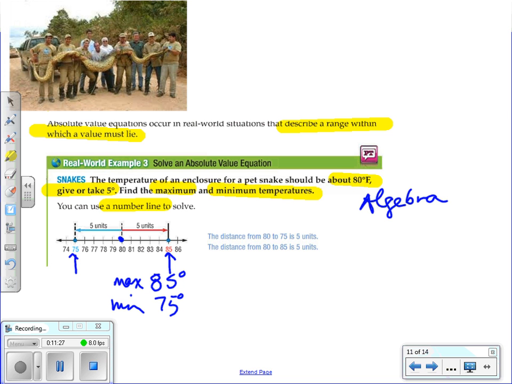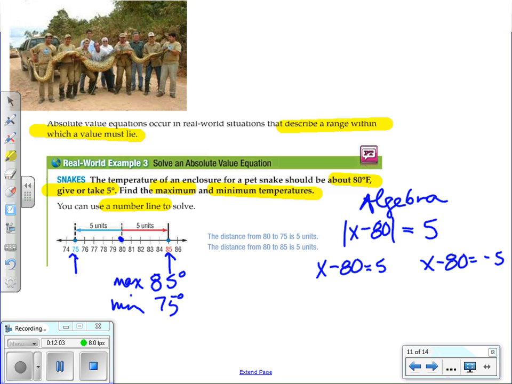We can also think of that as an algebraic equation and write the absolute value and an equal sign, right? And we would say the absolute value of x minus 80 equals 5 degrees, because it's going to be at 80, and the range is 5 degrees. So let's look at what happens. We have x minus 80 equals 5, and x minus 80 equals negative 5, all right?